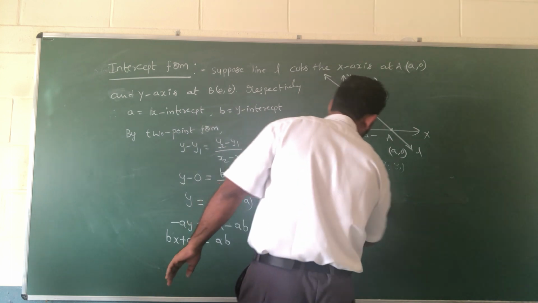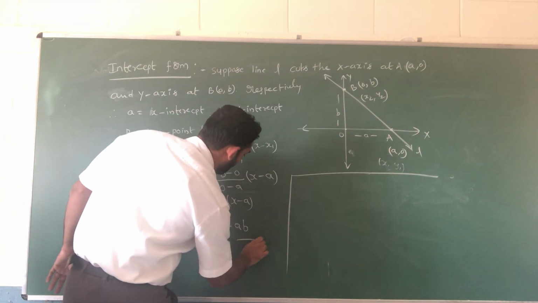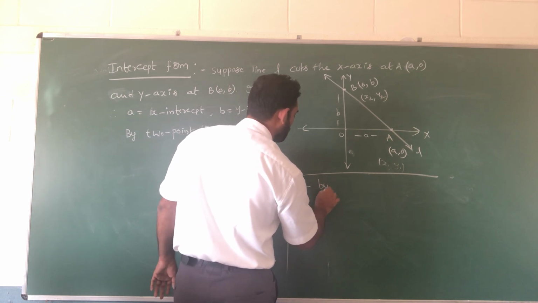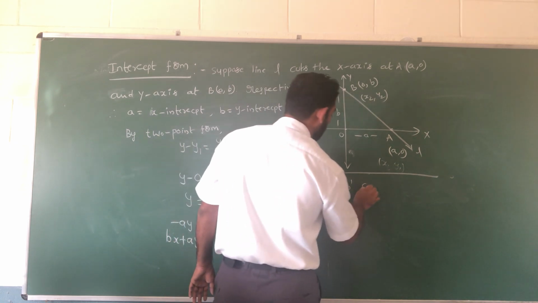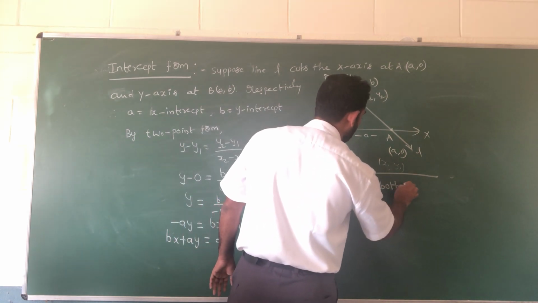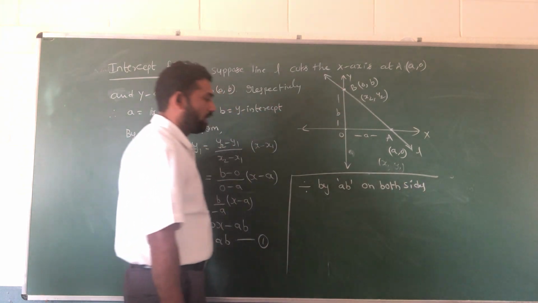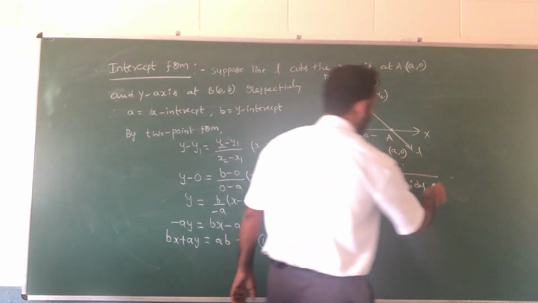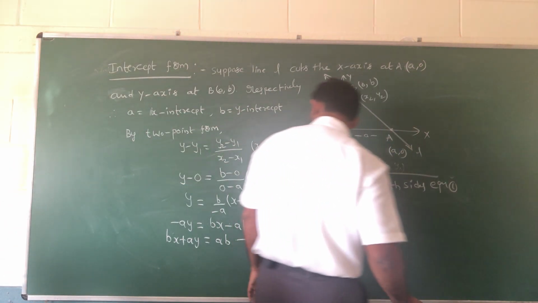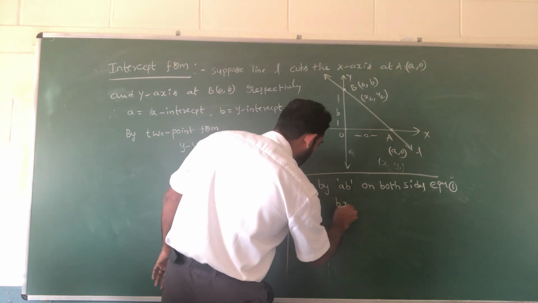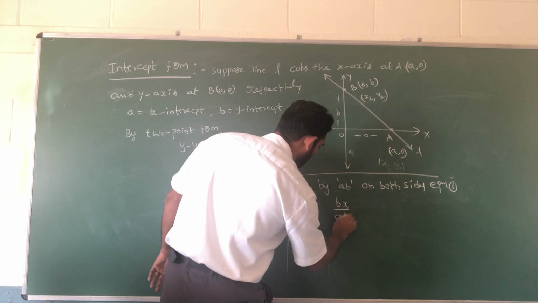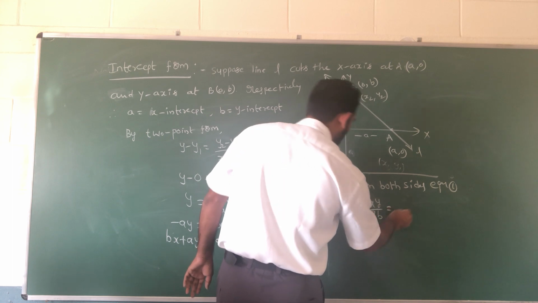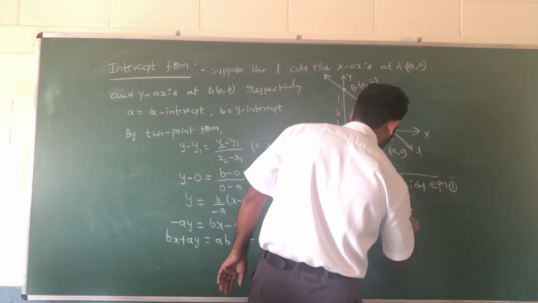So this is equation 1. Divide throughout by ab on both sides. See what happens. bx divided by ab plus ay divided by ab is equal to ab divided by ab.